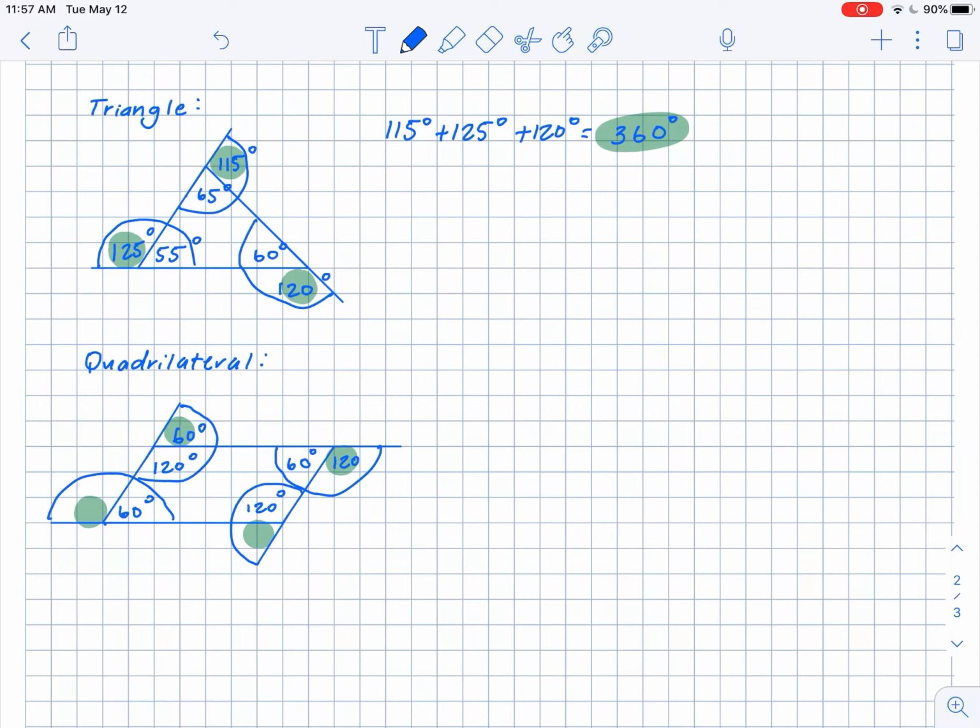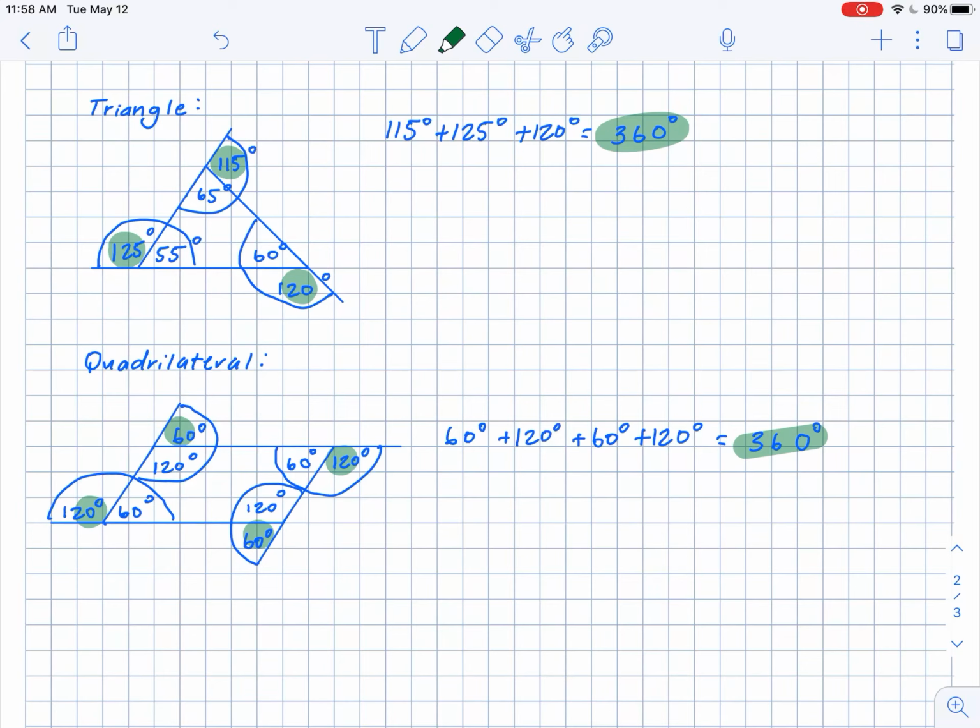So we're going to have 60, 120, 60, 120. Okay, and we're going to add all those together. 60 degrees plus 120 degrees plus 60 degrees plus 120 degrees. And together, that is going to equal 360 degrees.